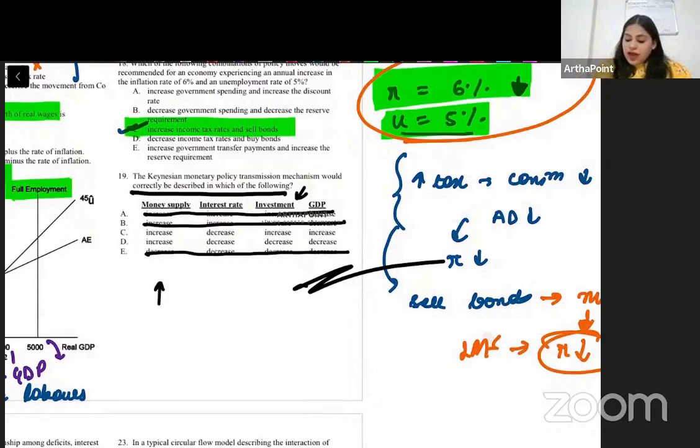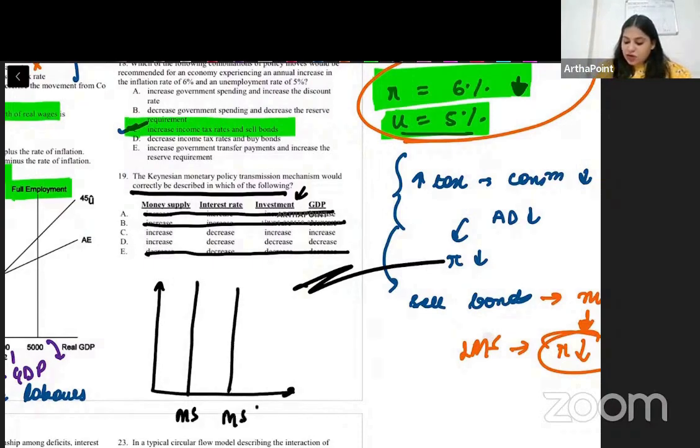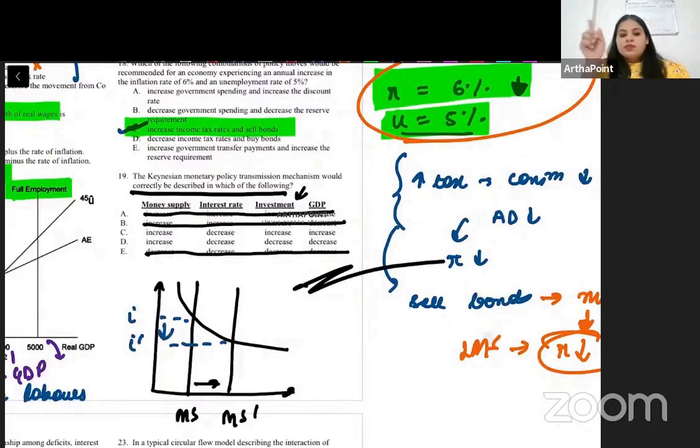But now if I look at the remaining options, C and D, it is saying that you are increasing the money supply in the economy. When money supply increases in the economy, interest rate will decrease. So an increase in money supply causes a decrease in interest rate.